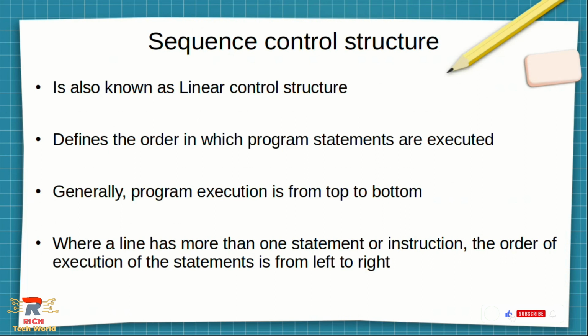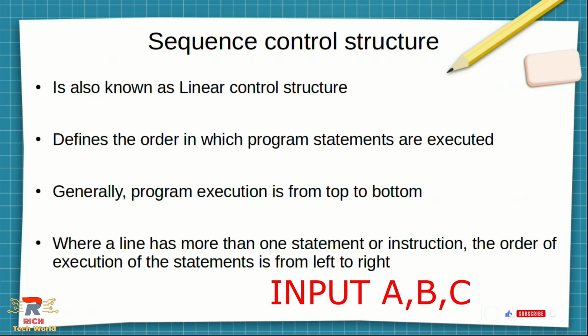But using the sequence control structure, the code is executed from the left to the right, which means the user inputs a value for A first, then moves on to B, then to C. So from the left to the right, let's take note of that.